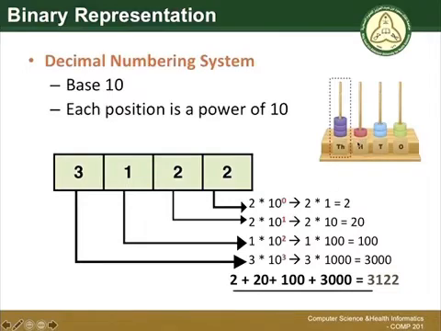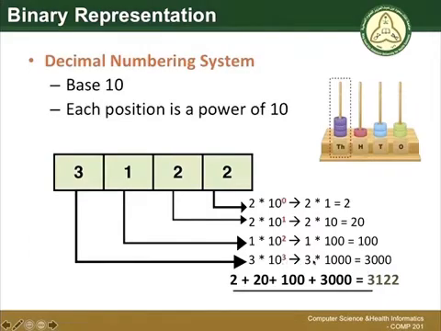Now I'm going to come to the hundreds. Because I have only one ring here, it's going to be 1 multiplied by 10 to the power of 2. It's going to be 1 multiplied by 100, which is 100. And then here in the thousands I have 3 rings, so it's 3 multiplied by 10 to the power of 3.